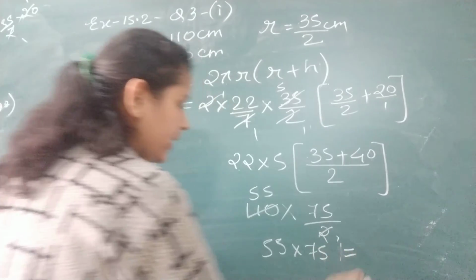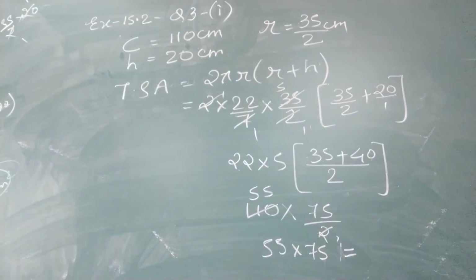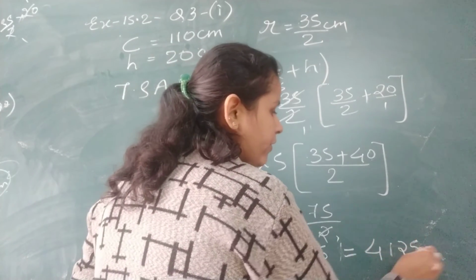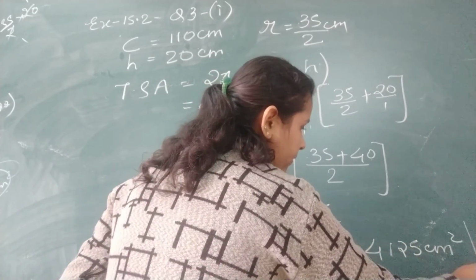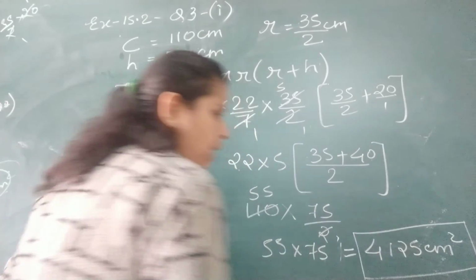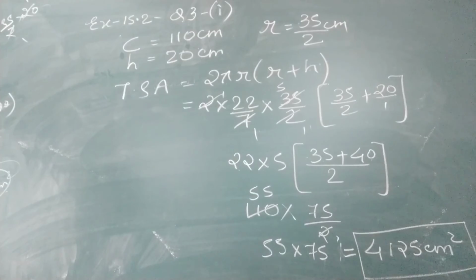When you multiply these two numbers, the answer which you get is 4125 centimeter square. Why square? Since you have found the total surface area of the cylinder.